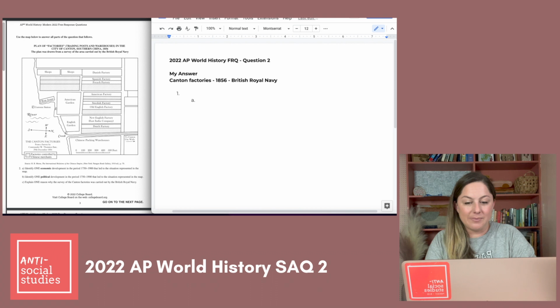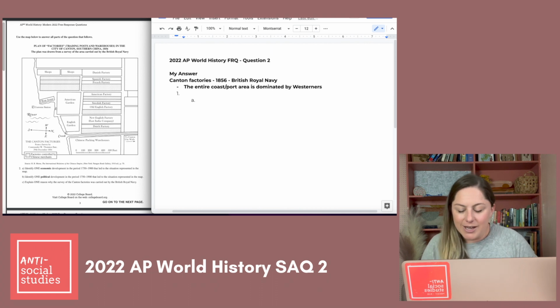So what I'm seeing is that the entire coast and port area is dominated by Europeans, or I should say Westerners, because Americans are in there too. I don't see anywhere that's a Chinese factory, property, or the Chinese government. Everything in here is a Western, outside country's factory.